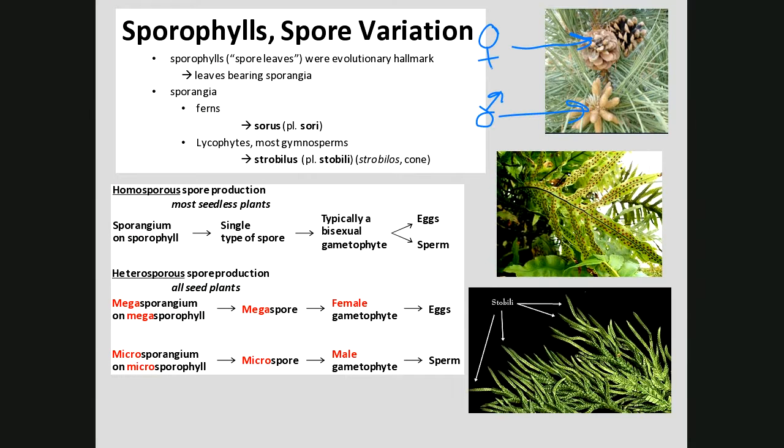So if we were going to use these terms for the male part of that cone-bearing plant, we would say that the microsporophyll is the cone. Yep, these little things, each one of those is a cone. On there are microsporangia that produce microspores that make the male gametophyte, which contains the sperm. Now the sperm, in the cases of the cone-bearing plants, is going to be transported in pollen.